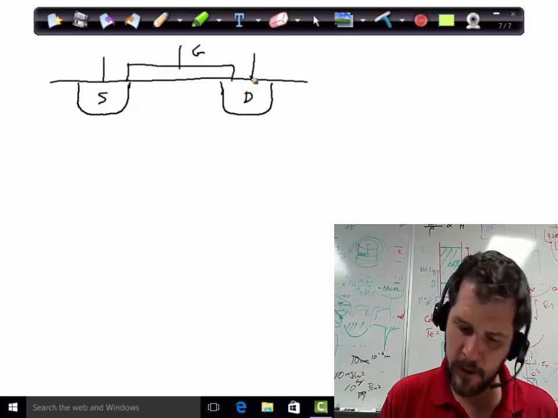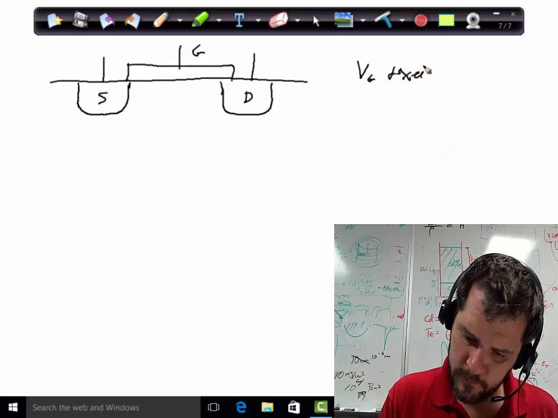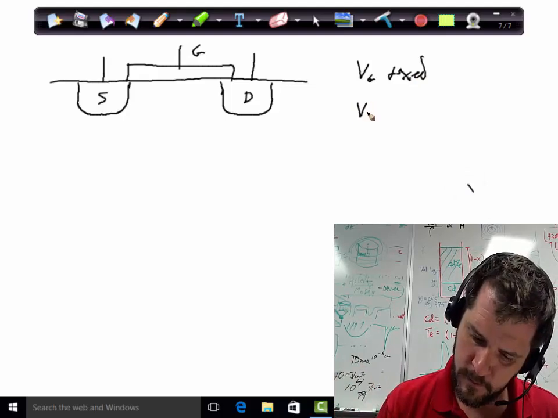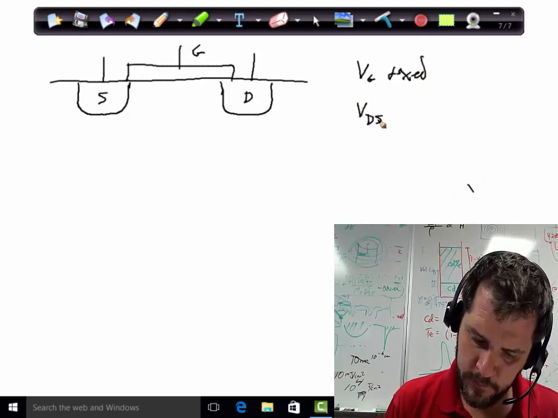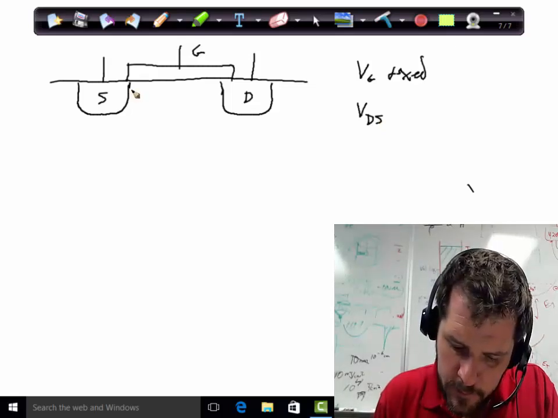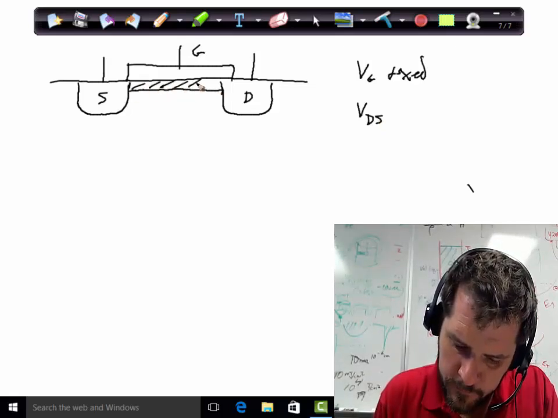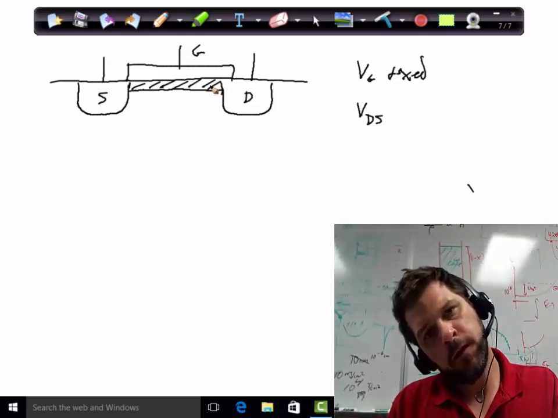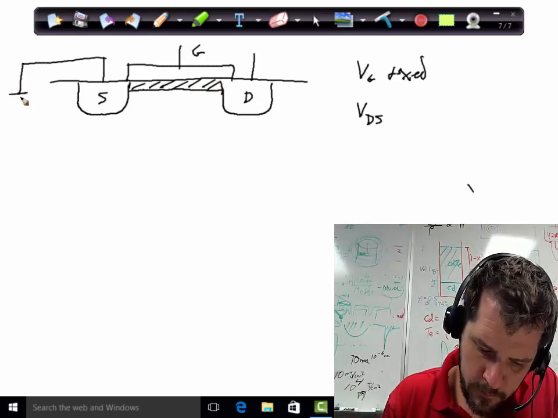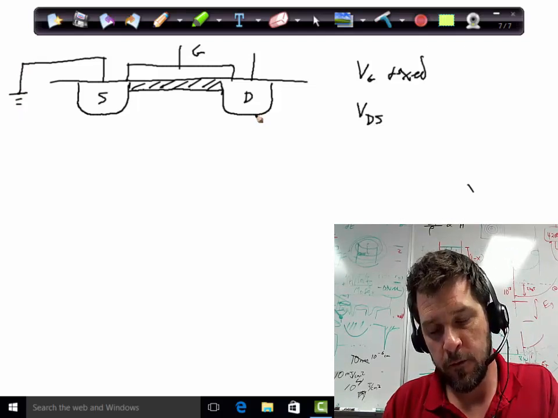So we're going to keep the gate voltage fixed and sort of turn up the source drain voltage. So we've applied enough gate voltage to establish a channel, an inversion layer here, and we're going to think about what's going to happen as we turn up the source drain voltage.